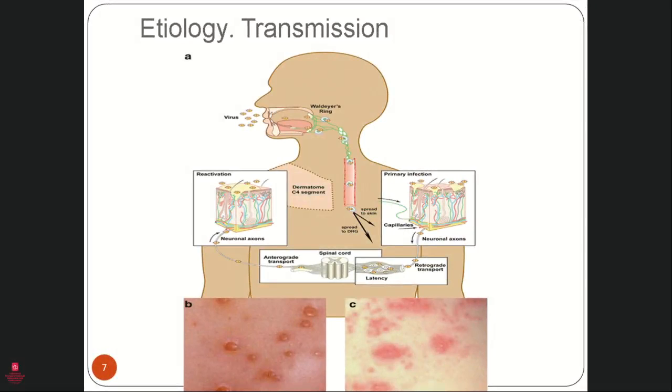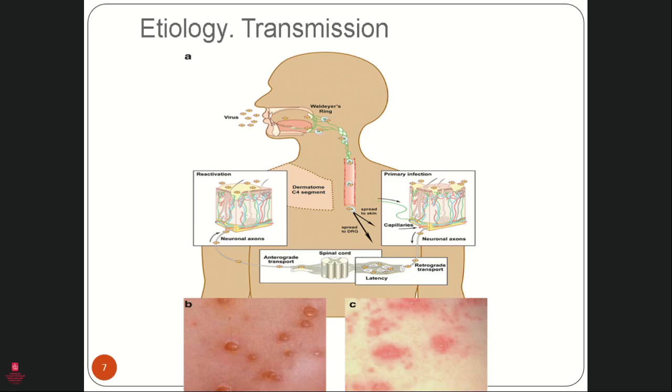About etiology. Varicella is caused by the varicella-zoster virus. The infectious particles are cell-free virus particles derived from skin lesions or the respiratory tract. Transmission occurs mainly through respiratory droplets that contain the virus, making the disease highly contagious even before the rash appears.